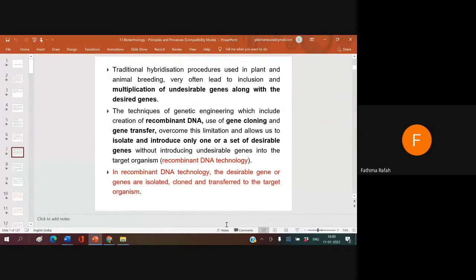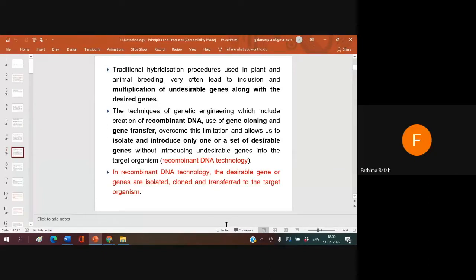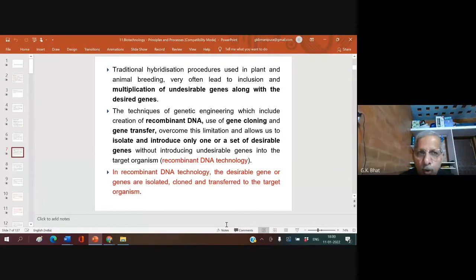Made similar copies. Why should you make similar copies? To transfer more number of copies. So it is cloned and transferred to the target organism.